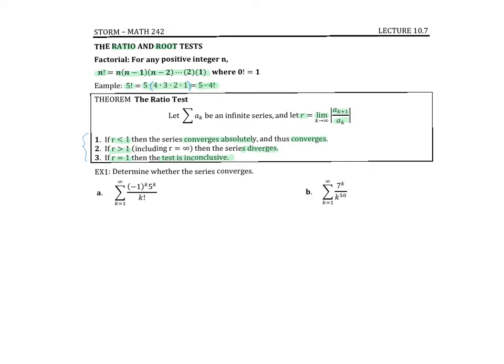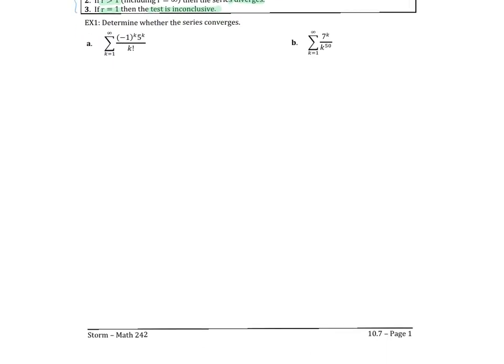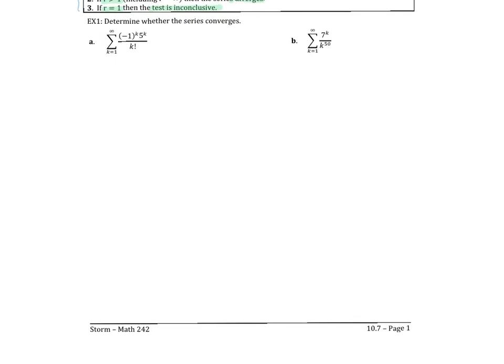Let's look at example 1. We want to determine whether the series converges. So if we look at 1a, we would be taking the limit as k goes to infinity of the absolute value of -1. So now it's the k plus 1 term. So wherever I see k, I'm just going to substitute in k plus 1.